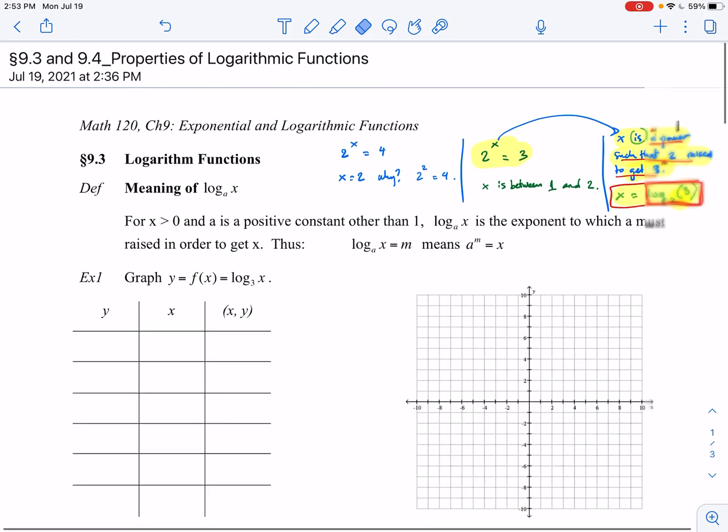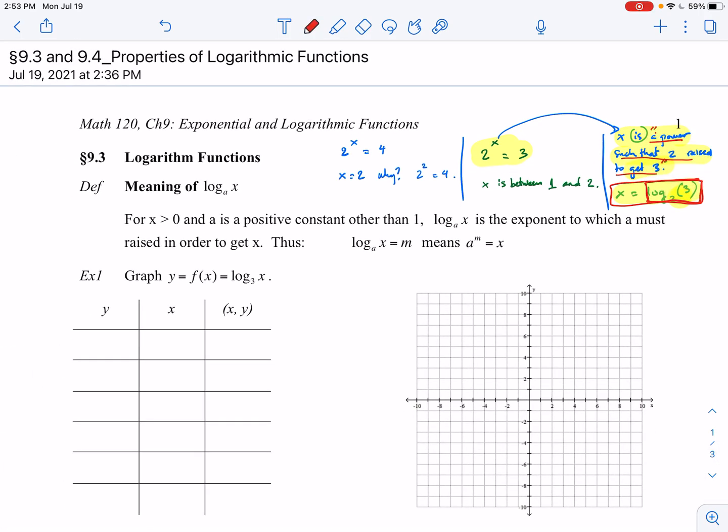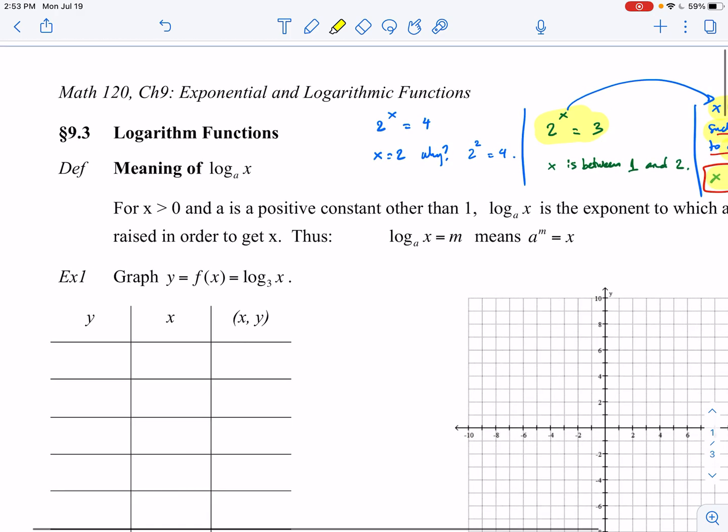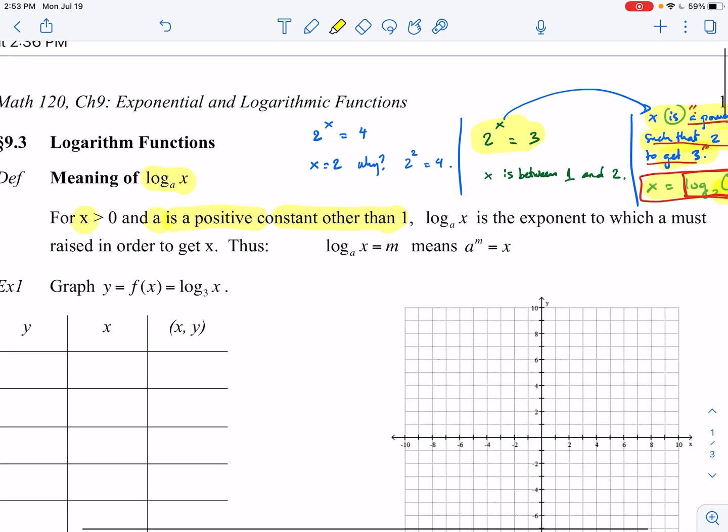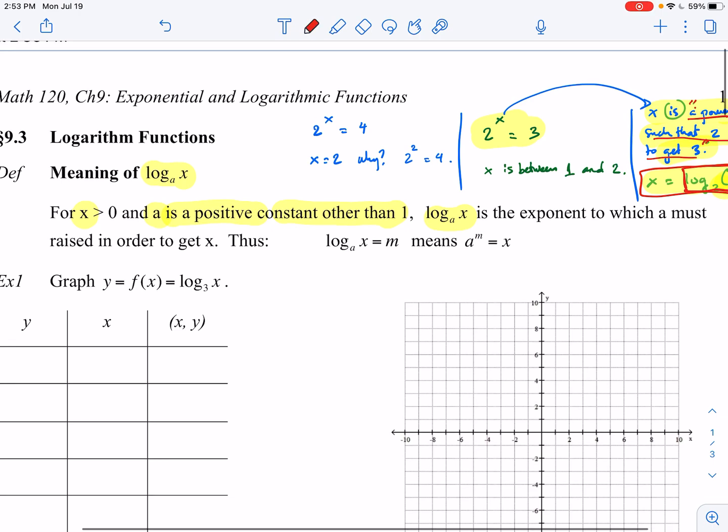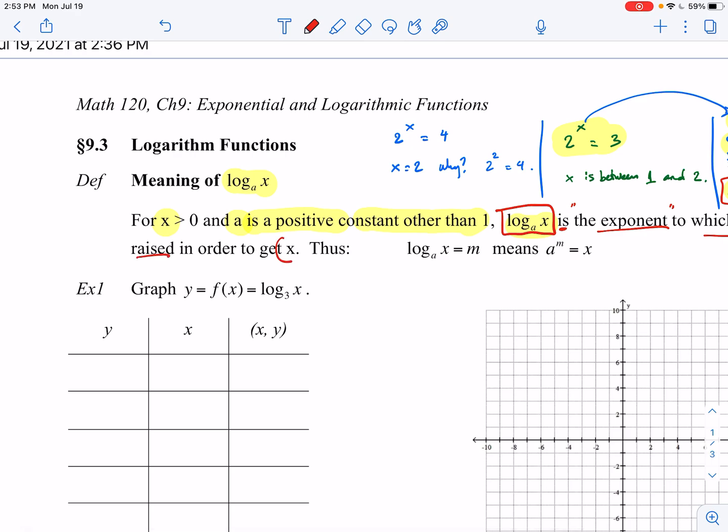So going back to this here, this is written more formally. It states the meaning of log base a of x. For x greater than 0, and a a positive base or constant other than 1, log base a of x is the exponent to which the base a must be raised in order to get x.